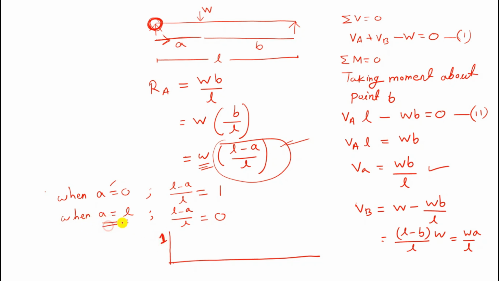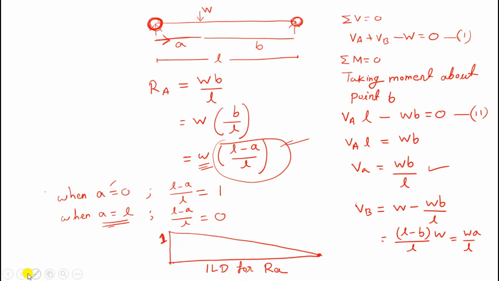And when A equals L, that means this position, the point B, this height is 0. So now draw the straight line. This diagram is the influence line diagram for reaction RA.